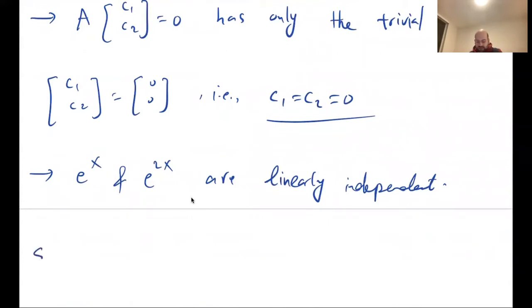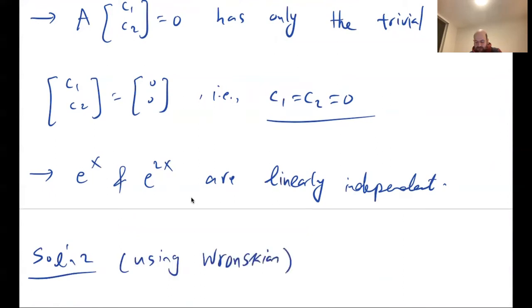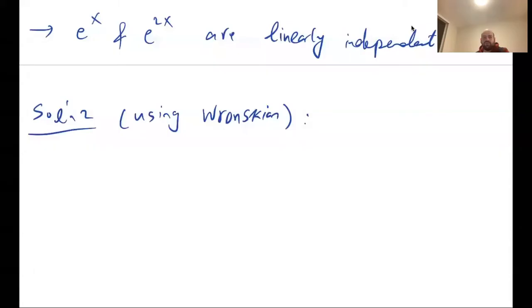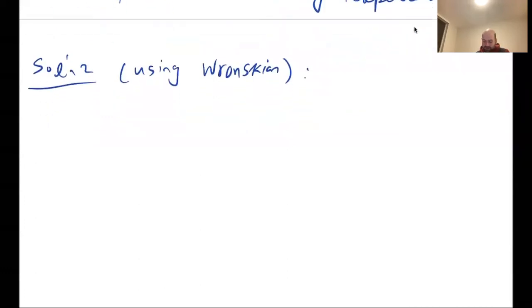Now, solution 2, we can also do it with Wronskian. Using Wronskian, we want to show that these two functions are linearly independent this time. Okay, what is the Wronskian of these two functions? So W of f1 and f2.